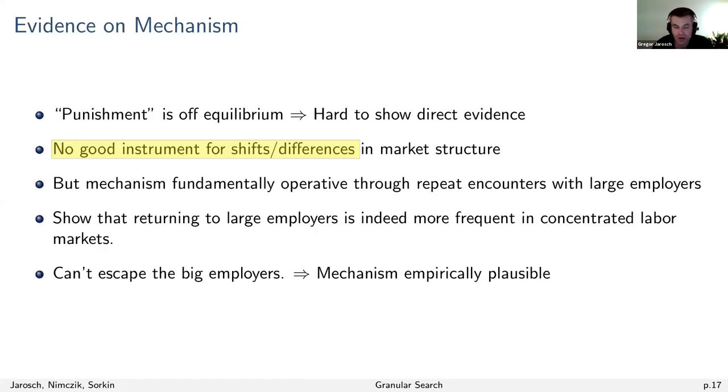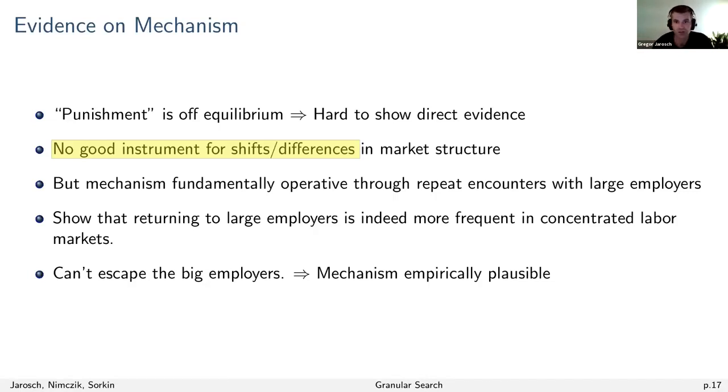And what we show in the data is we have a way of measuring what we call a re-encounter rate, which measures how often workers, along their entire career path, return to the same shop after having worked elsewhere.